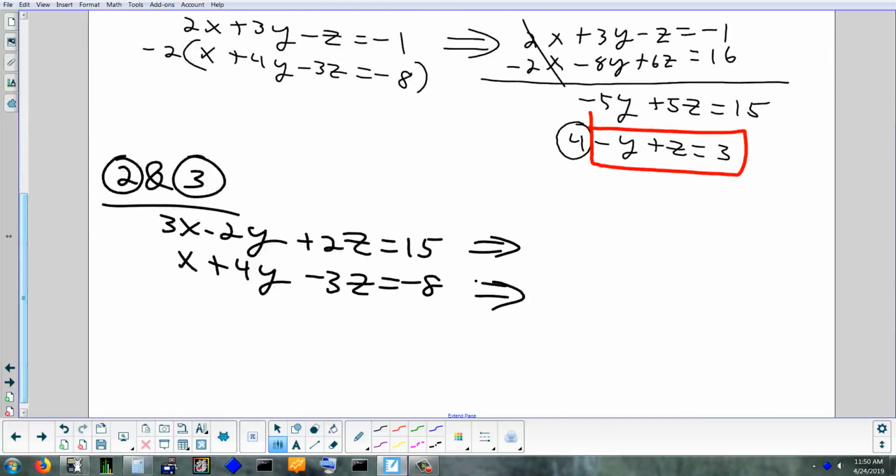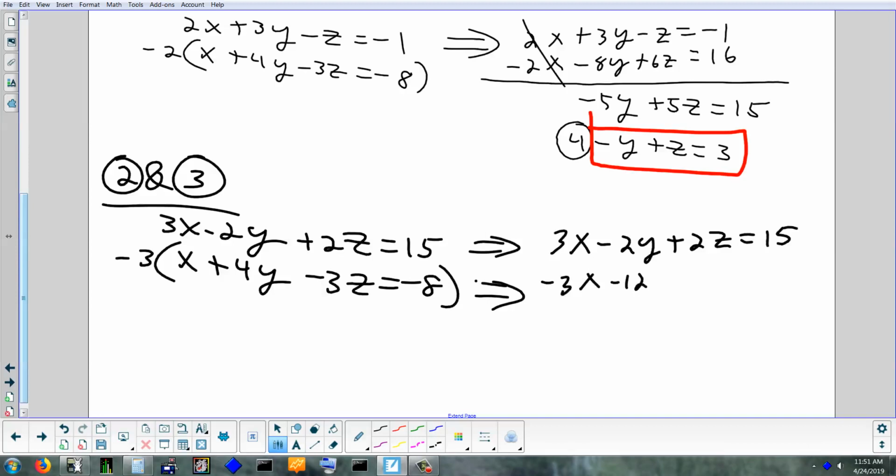Which equation am I going to have to multiply, and by what? The bottom by -3. Okay, so I'll copy the top over. That's unnecessary. Maybe you don't need to do that. But 3x minus 2y plus 2z equals 15. And when I do the bottom, -3x minus 12y plus 9z equals 24.